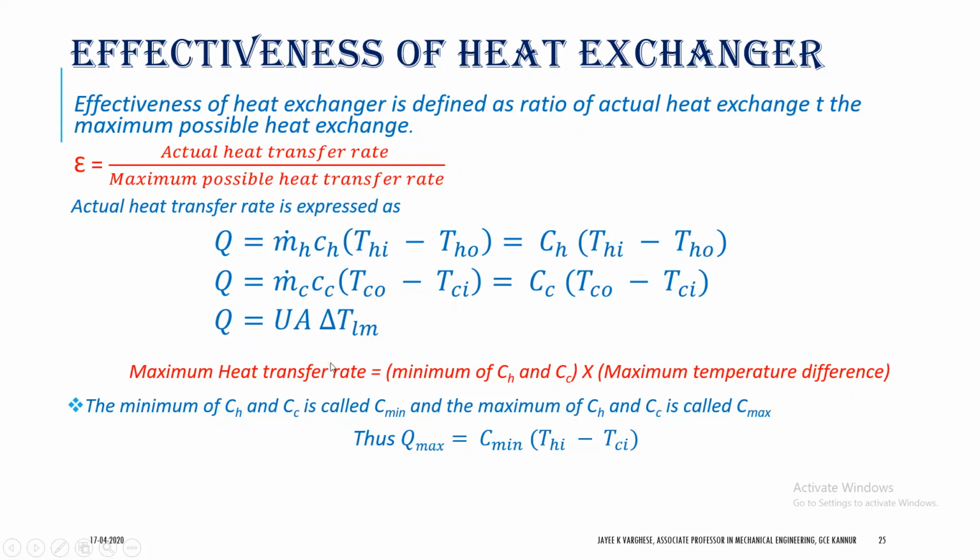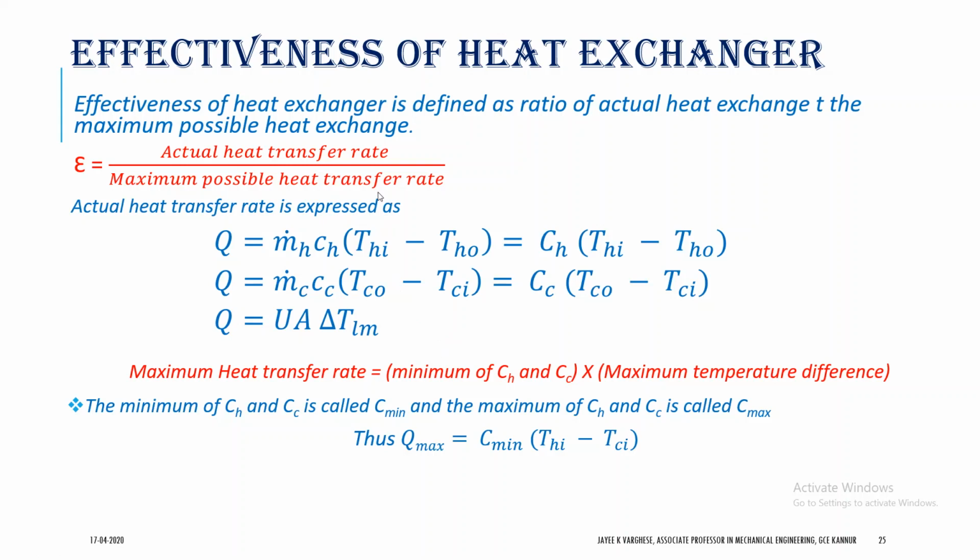Now, what will happen if we don't know this value of LMTD? We cannot calculate this value. This can be calculated only if we can calculate the outlet temperatures also. So in that case, the analysis of the heat exchanger using the LMTD method will be an iterative procedure, which is a very tedious way of calculating it.